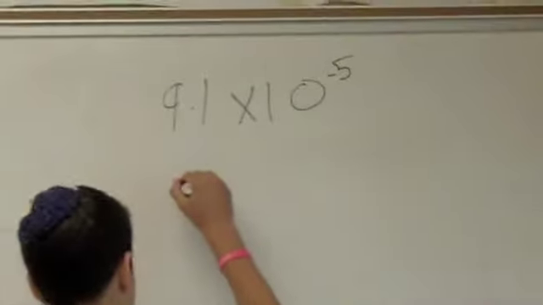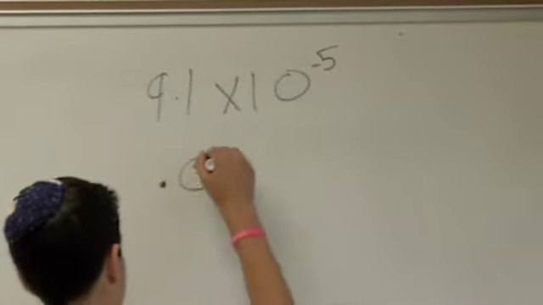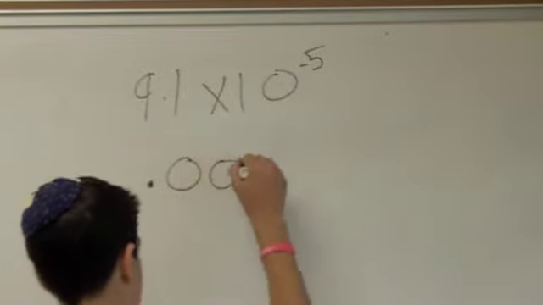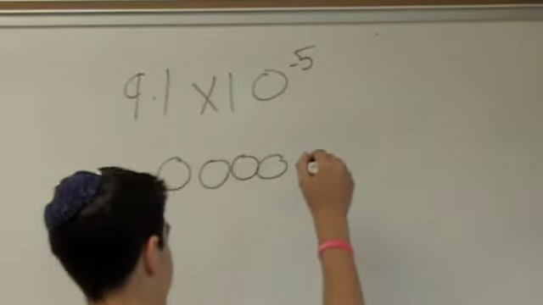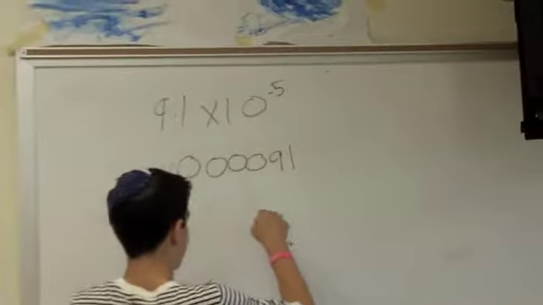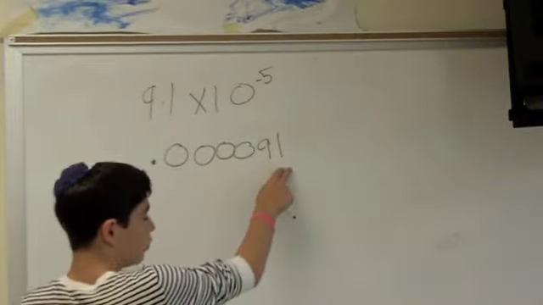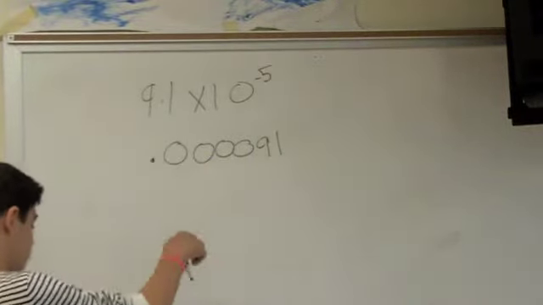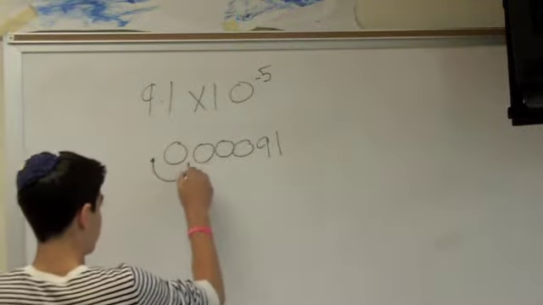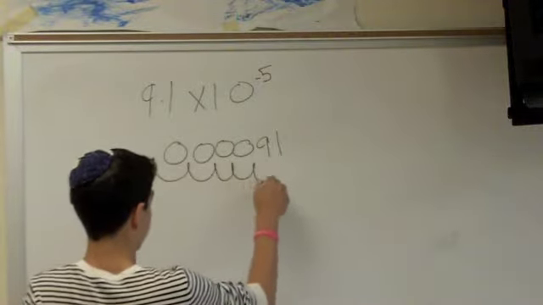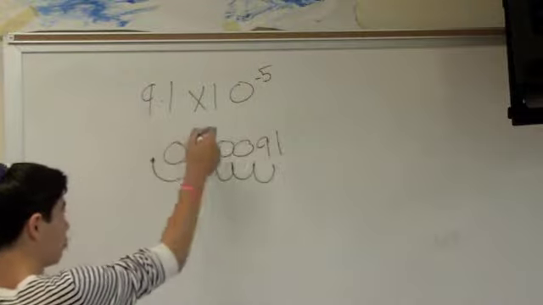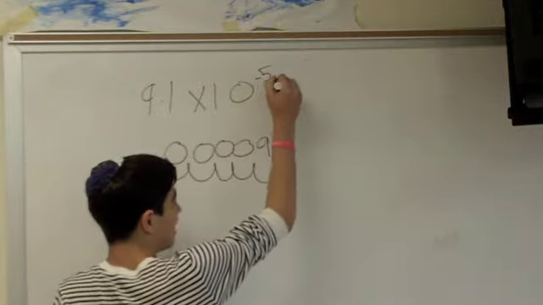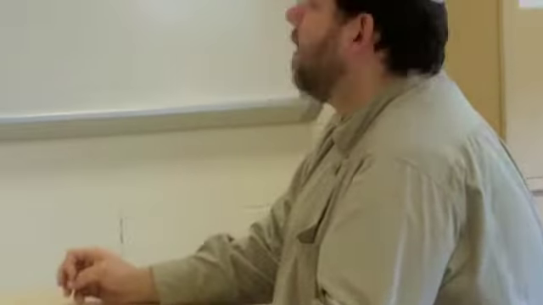And unlike a positive, you do the decimal here, and then you do 4 zeros to the right of the decimal, and then the 9 and the 1. And we want to make it so it's between 1 and 10. So we're going to move the decimal over 1, 2, 3, 4, 5, which is why it's 9.1 times 10 to the negative 5th. Is that in your head somewhere?